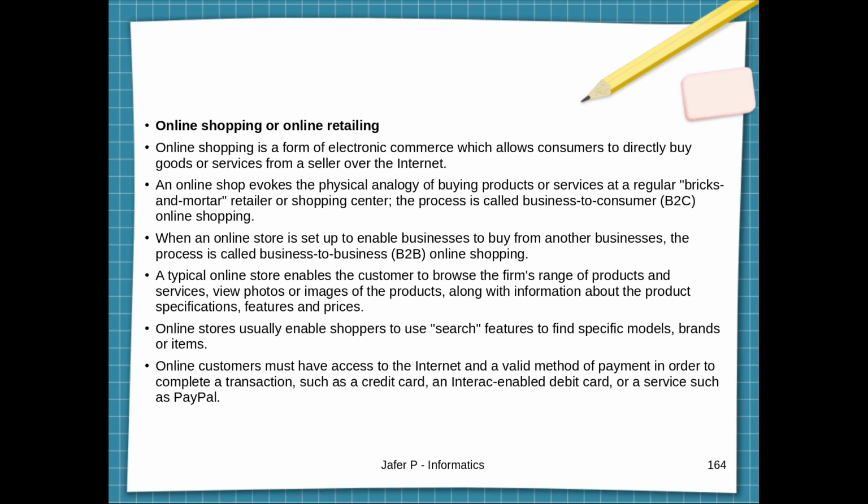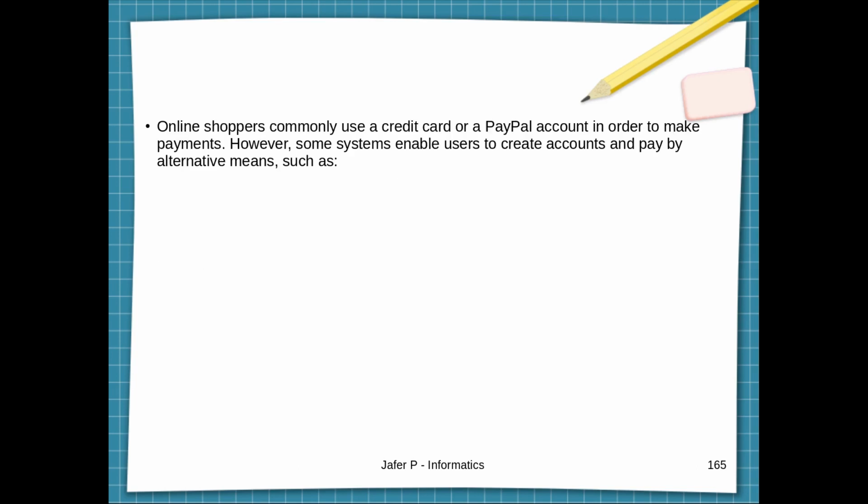So they need access to the internet, as well as a method of payment, such as online banking. They can go for credit card, debit card, and some third-party services such as PayPal, Google Pay, etc. Online shoppers commonly use a credit card or PayPal account to make payments.